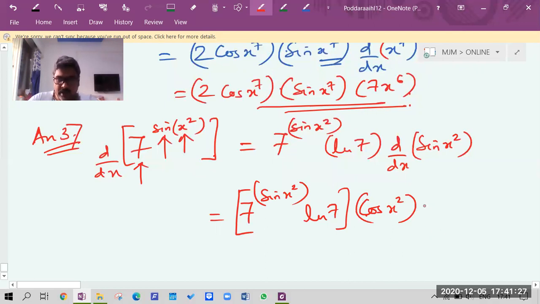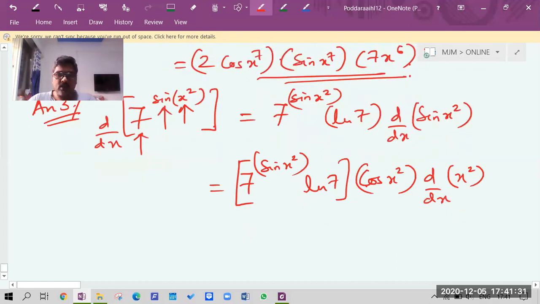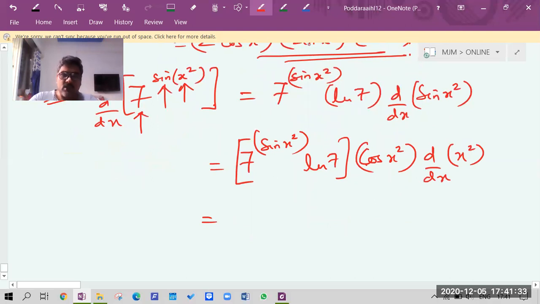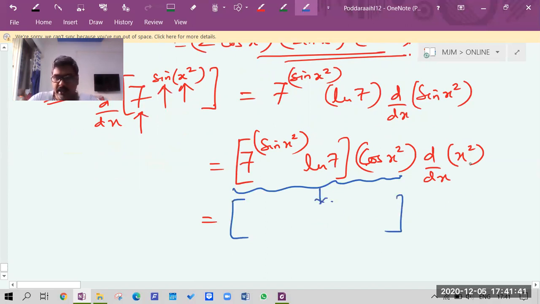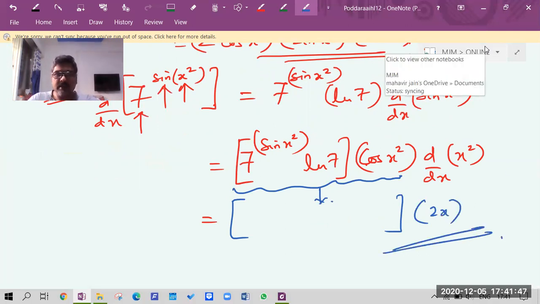So derivative of x square. So the last step is you repeat all these things. What do you repeat? You repeat all these things into a bracket. Derivative of x square becomes 2x. So that's your answer. I hope it is clear. Done?